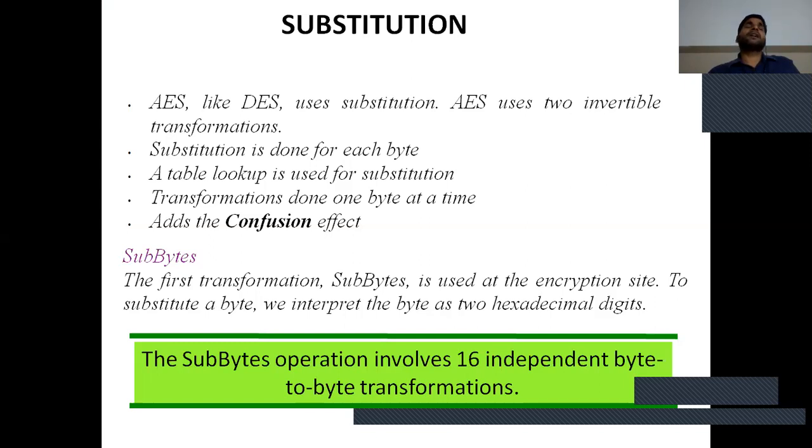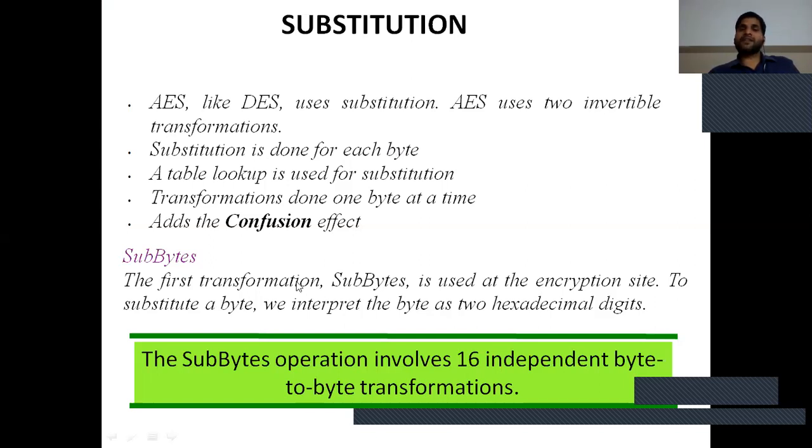In substitution, we use the diffusion and confusion method, and the substitution process is similar to the Data Encryption Standard.